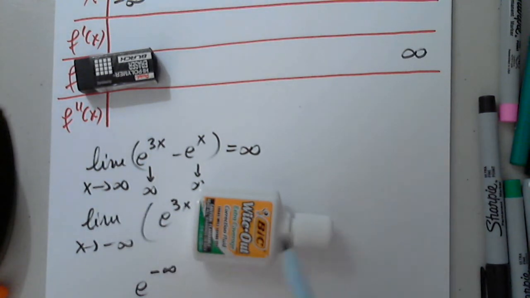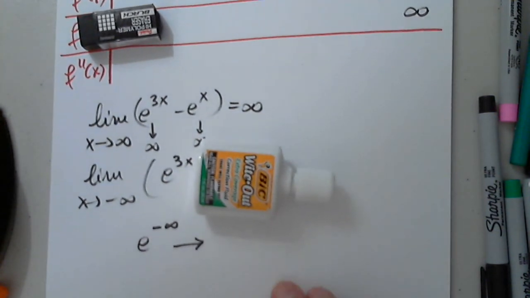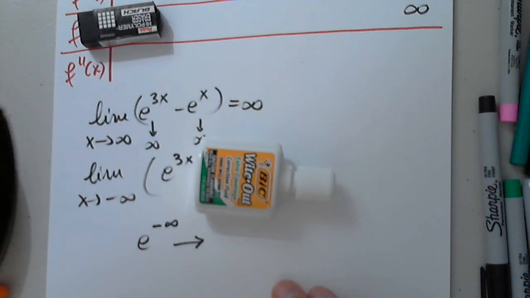Because negative infinity times 3 is negative infinity. You have to picture this as e to a negative number. If you don't picture this, then it will be more difficult to state the answer.